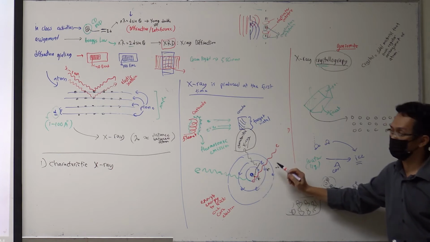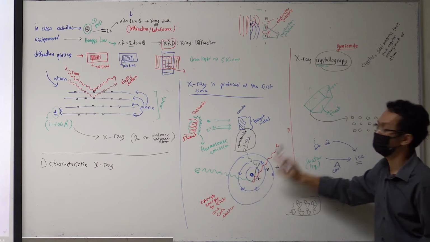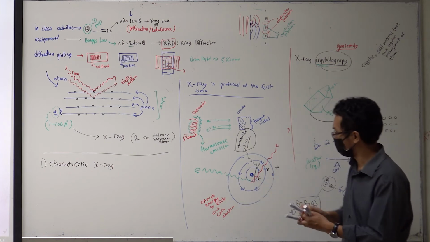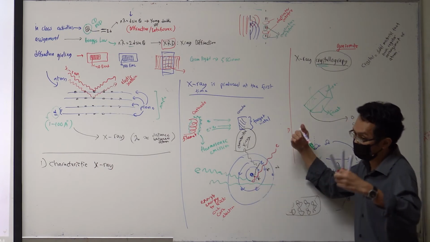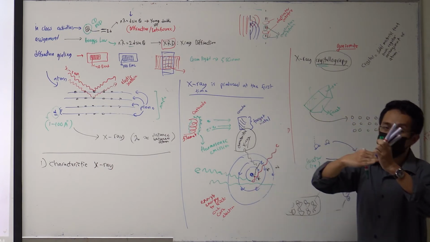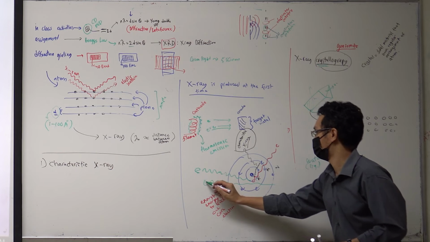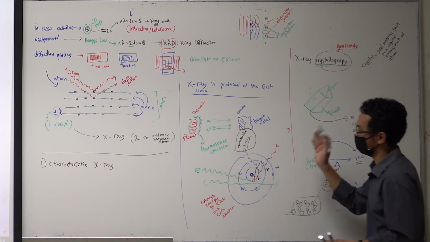Not all are able to keep this. Some of the electrons just pass through, because in order to kick, it needs to be at just the right angle, right place, and so on. But some electrons just pass through.